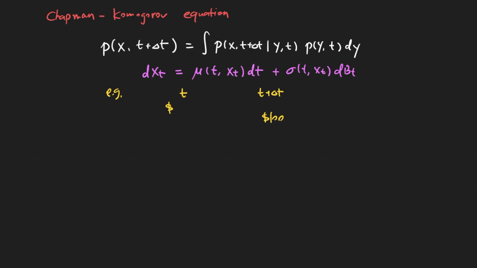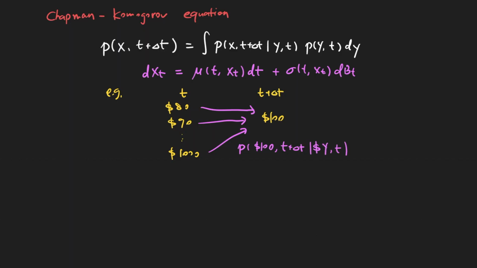For example, the stock price equals $80, $90, or $1,000. We consider all scenarios, and in each of these scenarios, we'll have a transition probability to $100 at t plus delta t, given by $y at t.